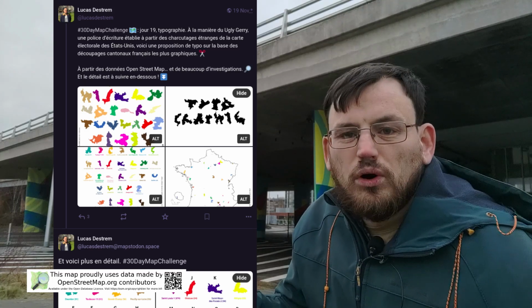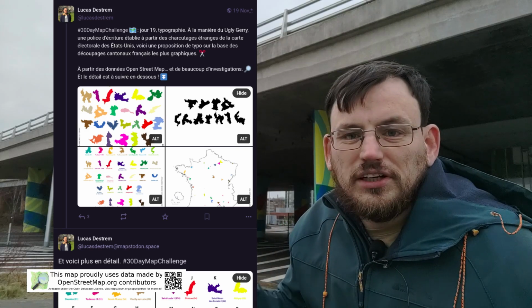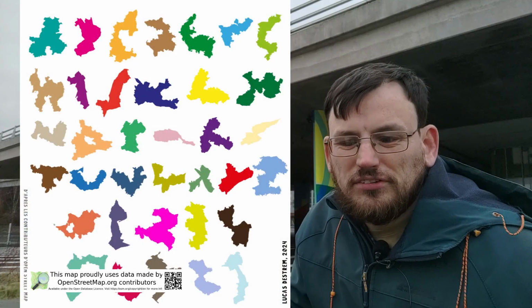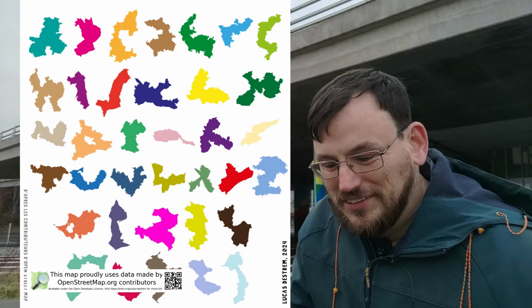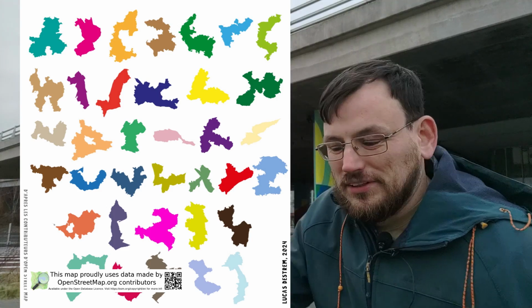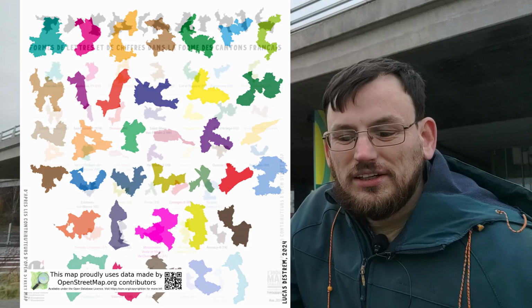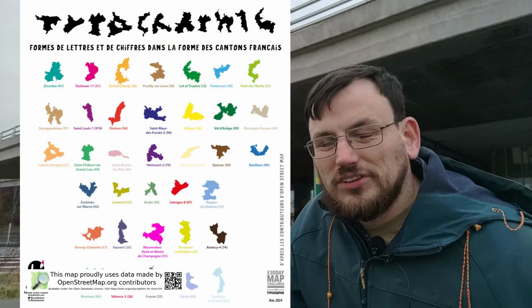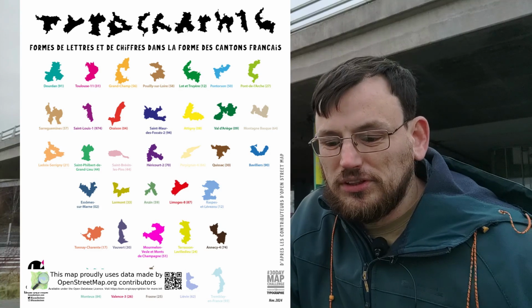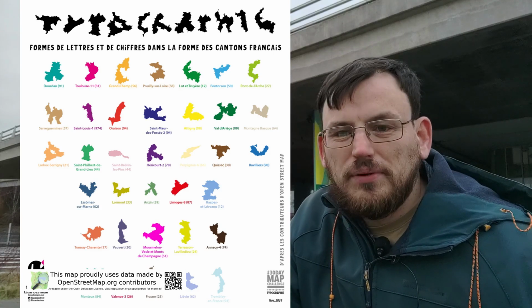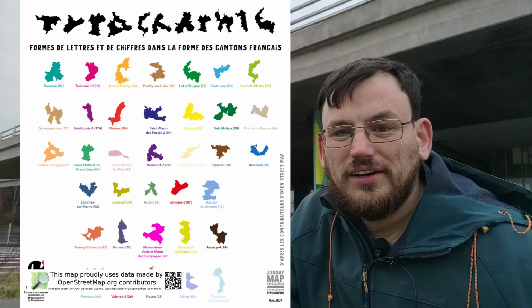So what I think these are, again, regions, administrative areas of France, and picking ones out that look like letters. Some are a bit better than others, and so you can use that to write letters with them, write words, which is quite cool. Maybe a bit abstract, not quite there.